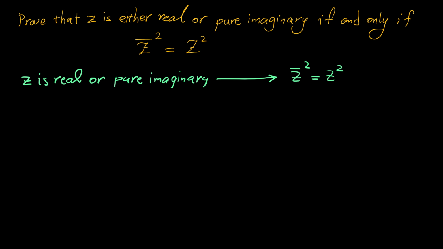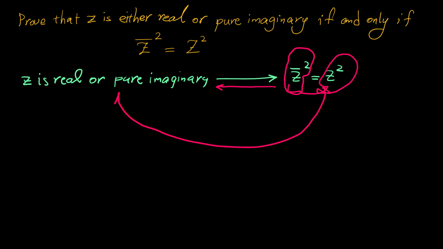And also we want to prove the opposite of this, which is this. If z conjugate to the 2 equals z to the 2, then we have to show that z is either a real number or it is a pure imaginary number.